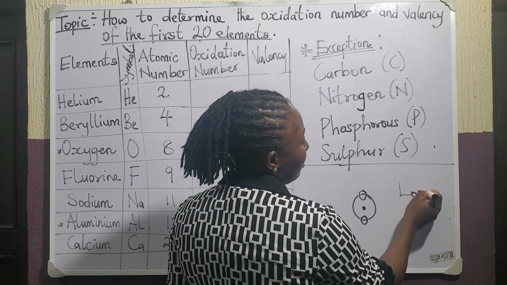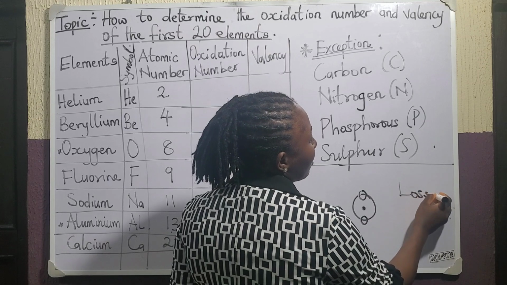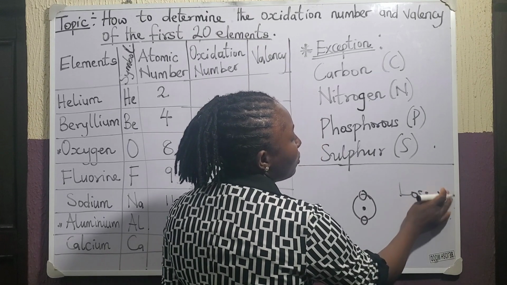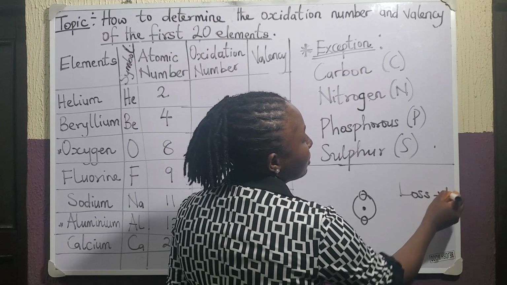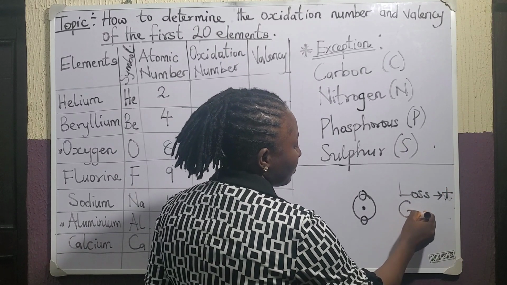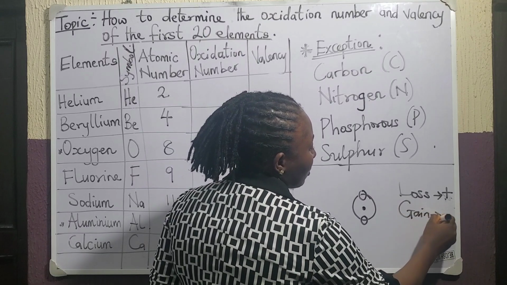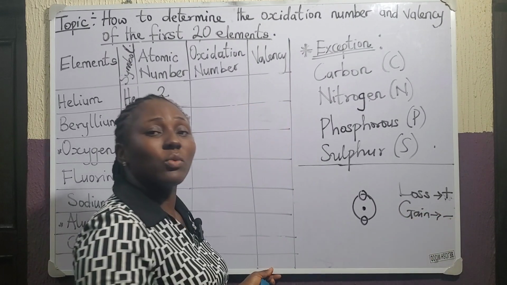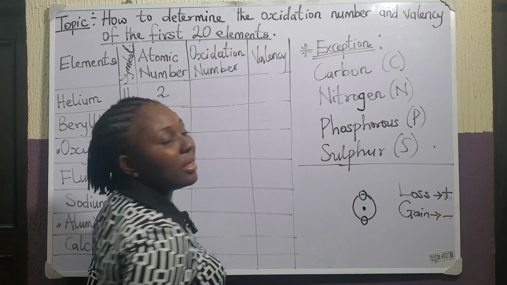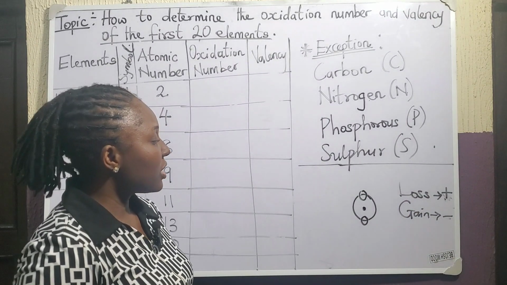Hence, if you lose electron, you have a positive charge. But when an atom gains electron, we give them a negative charge.